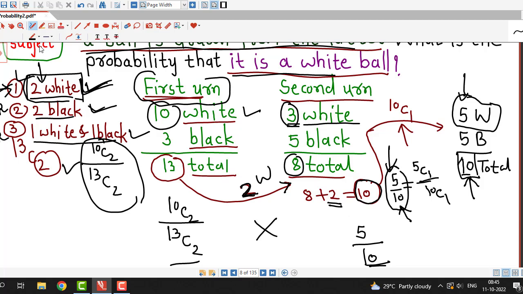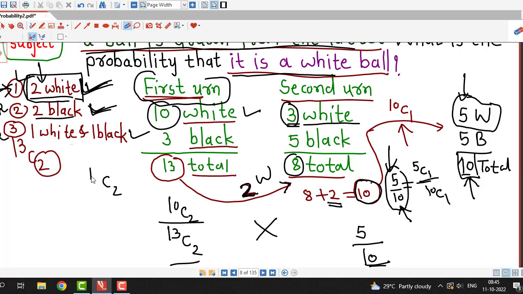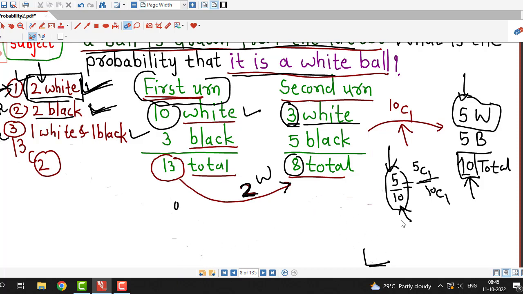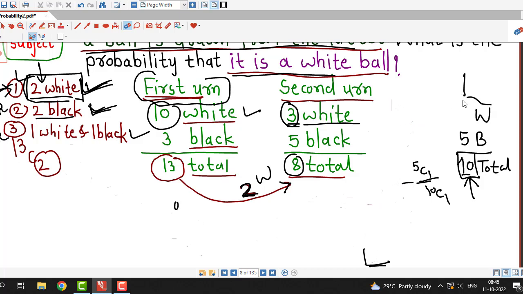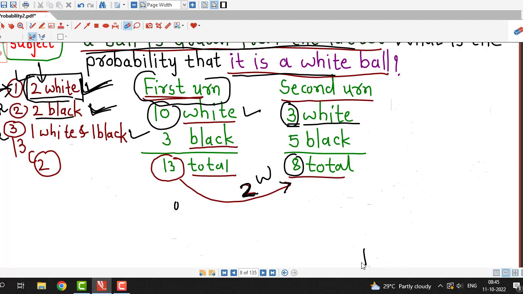Now the same thing we have to do for the other two cases. After this we consider the second way of drawing two balls from the first urn. First we considered the event that two white balls are drawn from the first urn. Now we consider the event that two black balls are drawn from the first urn. We are selecting two balls from the first urn that we can select in 13C2 ways.